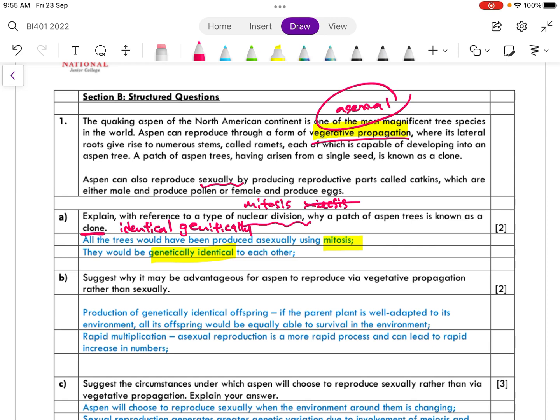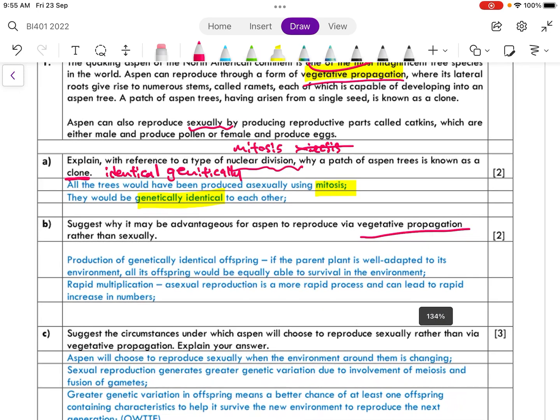Next, suggest why it may be advantageous for aspen to reproduce via asexual means rather than sexually. You can find this in a table in your textbook that shares the various advantages of asexual reproduction. One of the advantages is that when you reproduce this way, all your offspring will be genetically identical. And it is good if and only if the parent plant is well adapted to its existing environment.